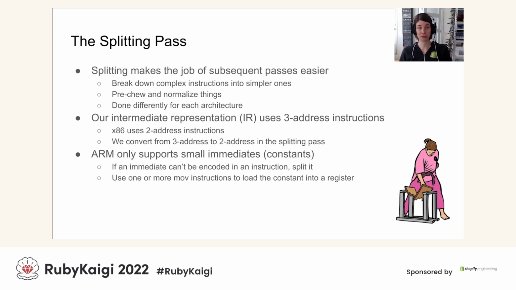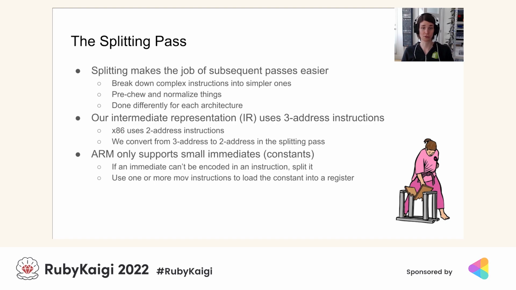And this has to be done differently for each architecture based on the limitations of each architecture. Like I said earlier, our intermediate representation uses 3 address instructions, but x86 uses 2 address instructions. And so in the splitting for x86, we do the conversion from 3 address to 2 address instructions. And we do that by introducing extra moves where necessary.